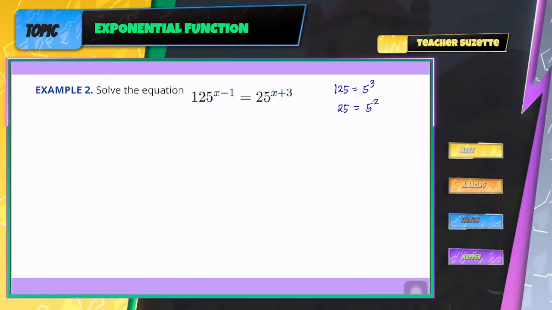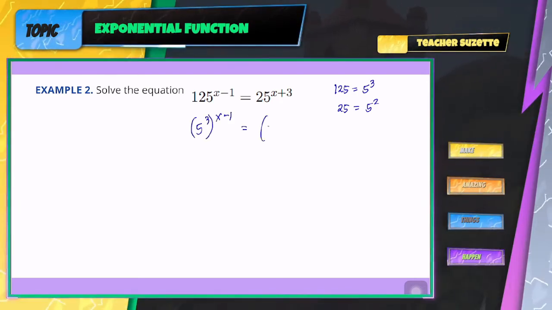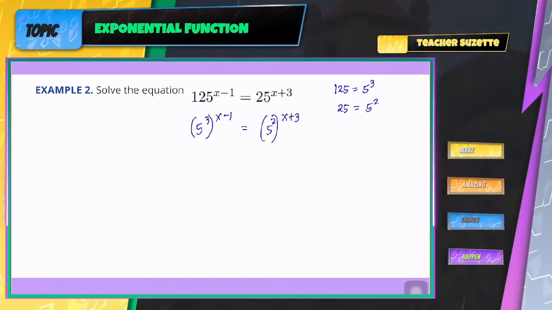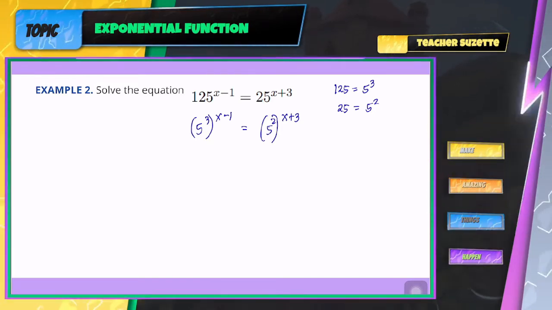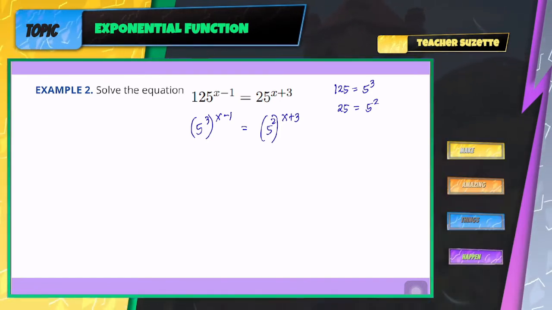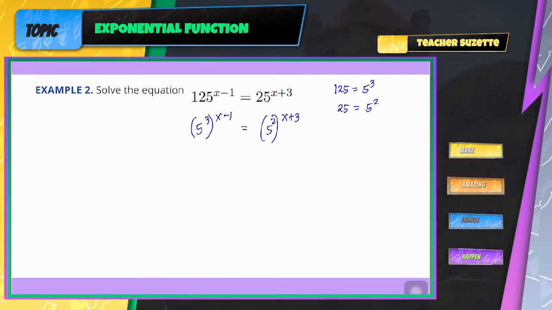So, magiging 5 cubed raised to x minus 1 is equal to 5 squared raised to x plus 3. Then, when we have a power raised by another power, using our laws of exponents, we are now going to multiply the exponents.